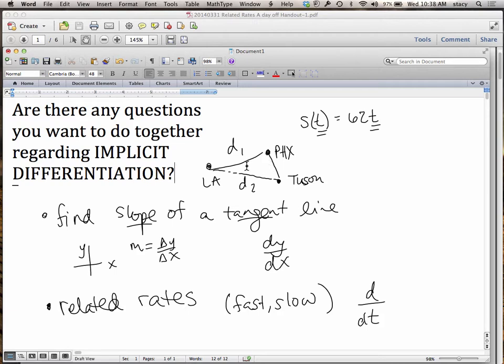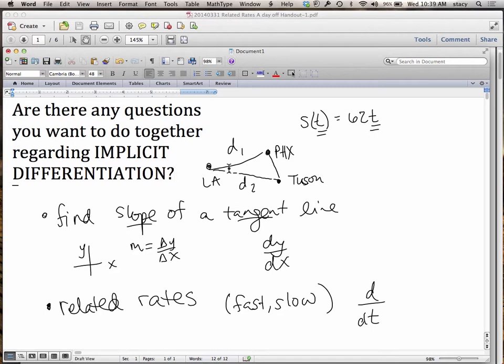Okay, so then in this situation, I've got two quantities, this first distance and the second distance, that are changing as I make my journey from Phoenix to LA. And let's say I don't know explicitly how the distance is changing from LA to Tucson.